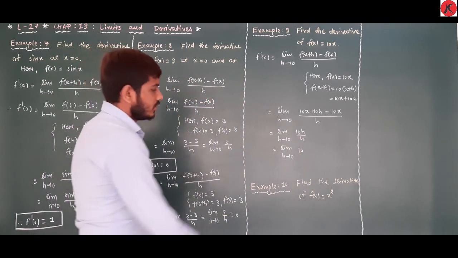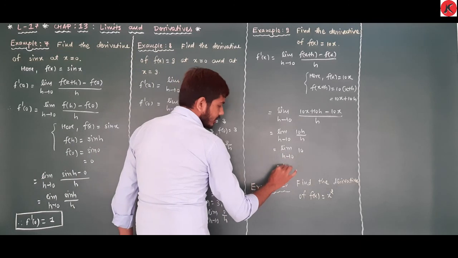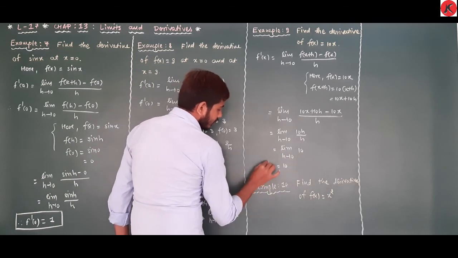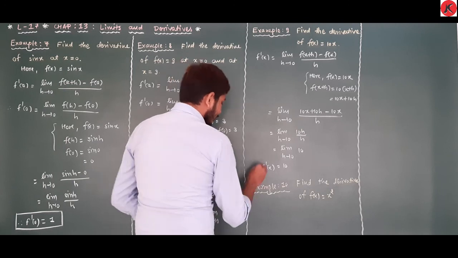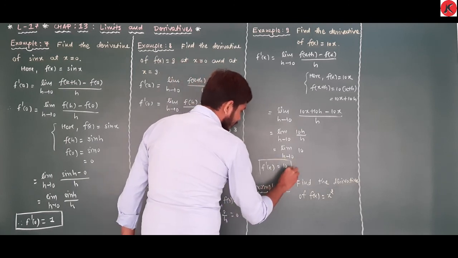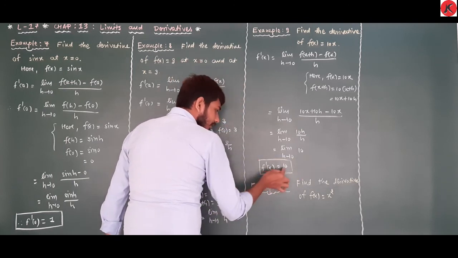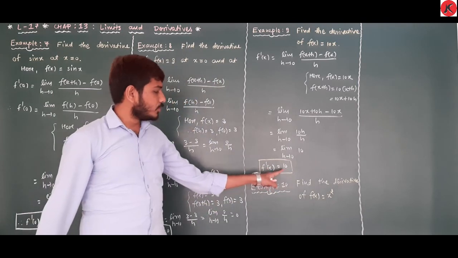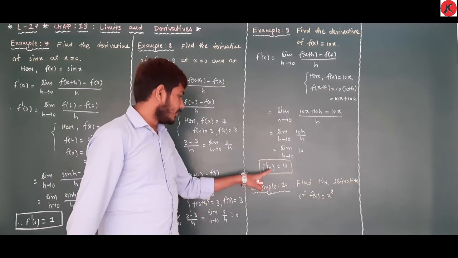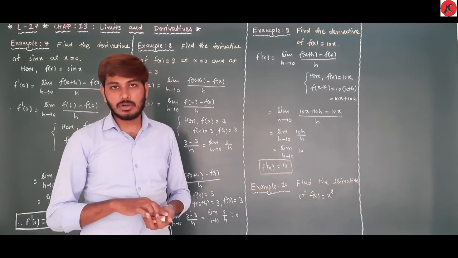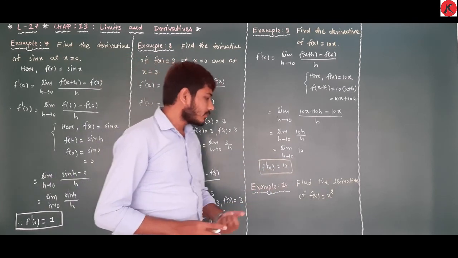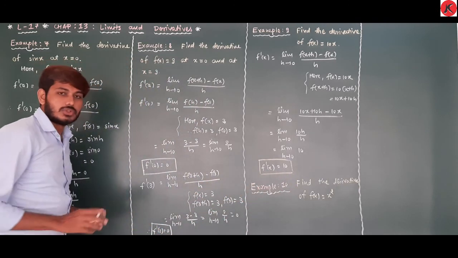Constant limit constant, that means 10. Therefore we will get f dash x equals to 10. And if I asked f dash 0, the answer would be 10; f dash 3 also 10; f dash 5 also 10. Is it clear? Let's see another question.